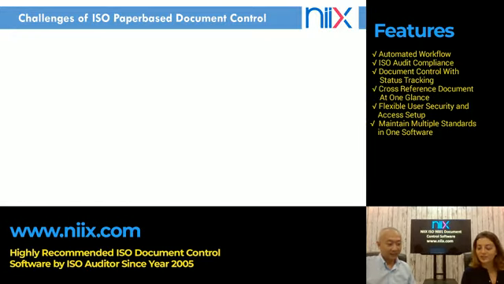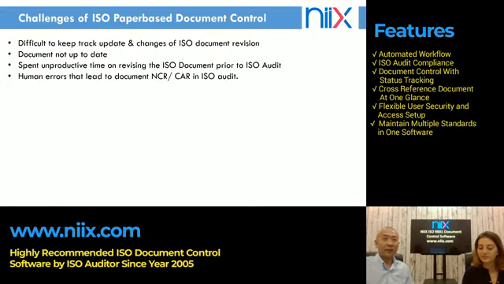So, Tan, what would be the common challenges of ISO paper-based document control then? Sophie, when people are using paper-based document control, normally they have problems like it's so difficult to keep track of the document updates and document changes.